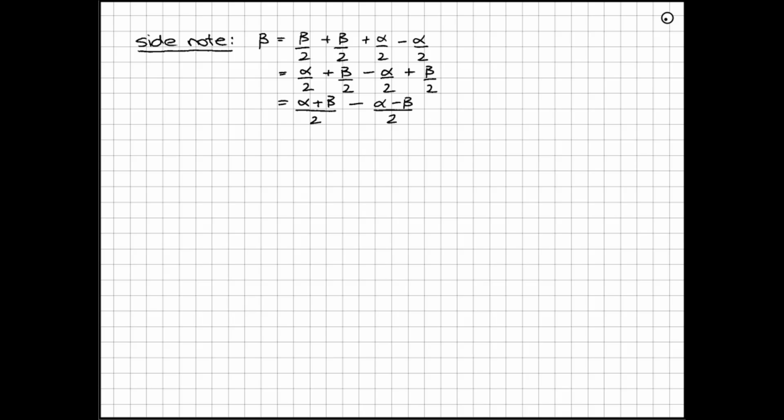So from there we can therefore say that if we want to think about sine of beta, we can write this longer form of sine alpha plus beta on 2 minus alpha minus beta on 2. And then we can use our second compound angle formula.